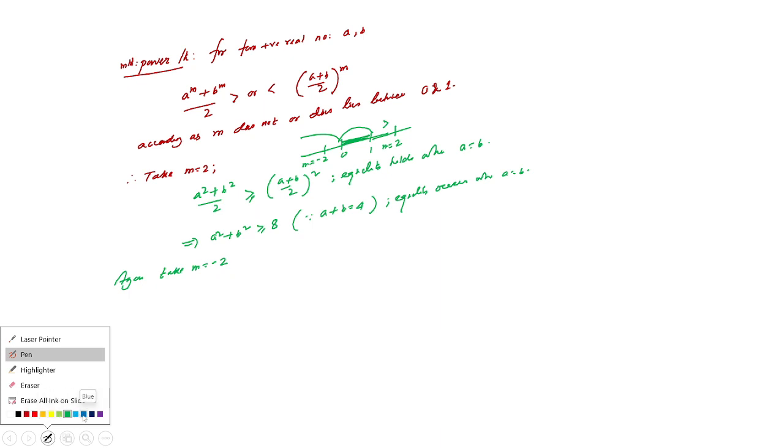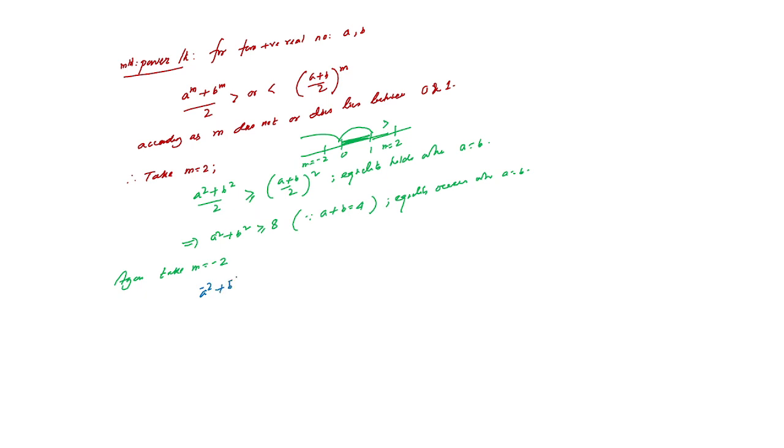So by the power theorem, we will get (a to the power minus 2 plus b to the power minus 2) by 2 is greater than or equal to ((a plus b) by 2) to the power minus 2.